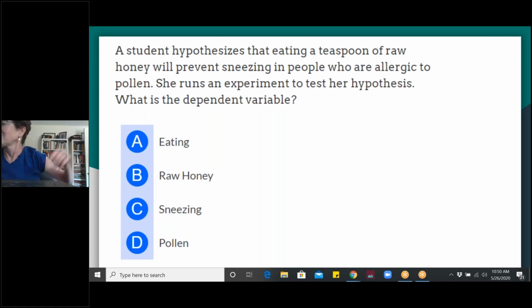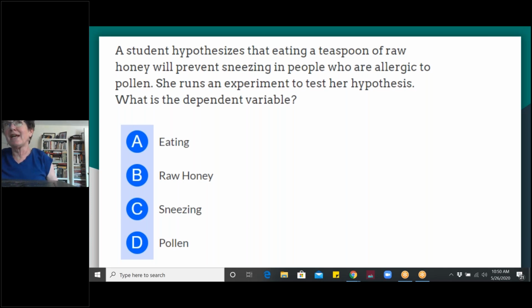The dependent variable is the amount of sneezing the group that got tested with the honey had compared to the amount of sneezing the control group had.